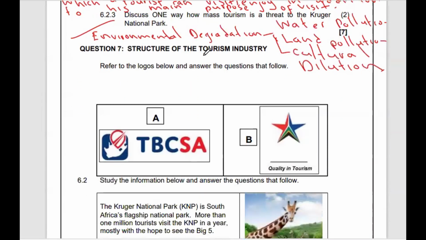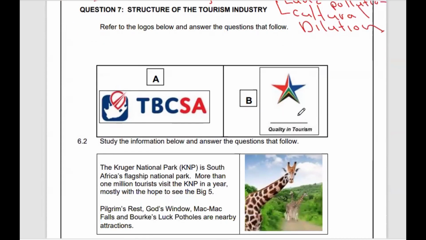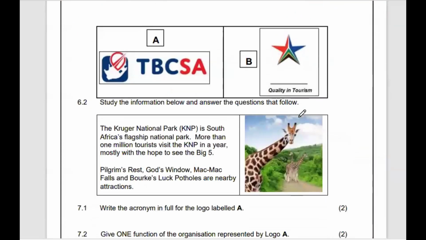So question 7, structure of the tourism industry. Refer to the logos below and answer the questions that follow. The first logo is of the TBCSA. For the second one, we have only been given a logo, but there is no name given. Then we also have a scenario which reads, study the information below and answer the questions that follow.